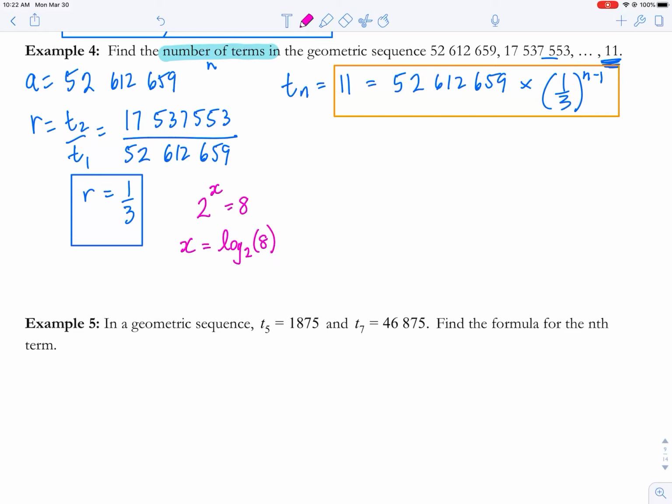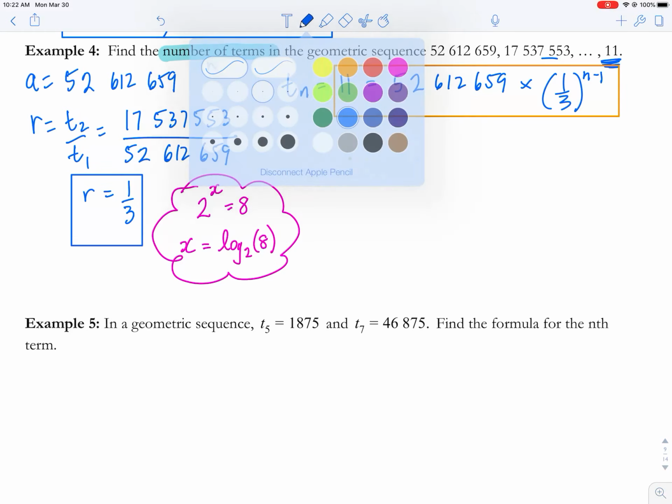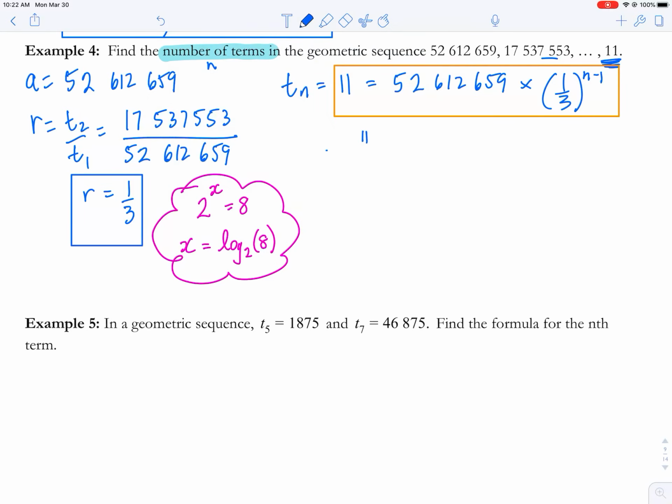That's a reminder about logs. So if that's our reminder, and we're trying to find out what n minus 1 is, first we're going to have to make it a little more simplified. So the first step would have 11 over 52, 612, 659 equals 1/3 to the n minus 1.